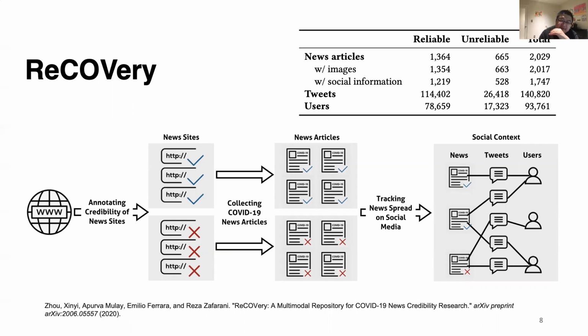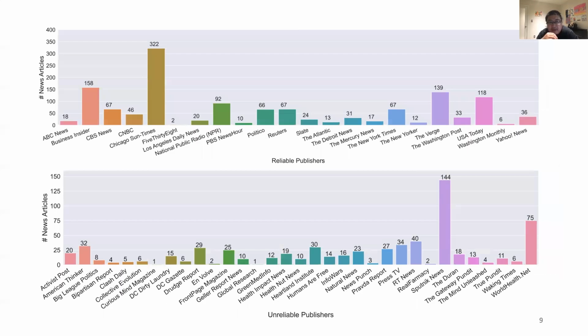And this table shows some summary statistics of the news articles included in this data set. And this is the general statistics of the data set across different publishers, and the authors have shown statistics according to the labels of the news articles.